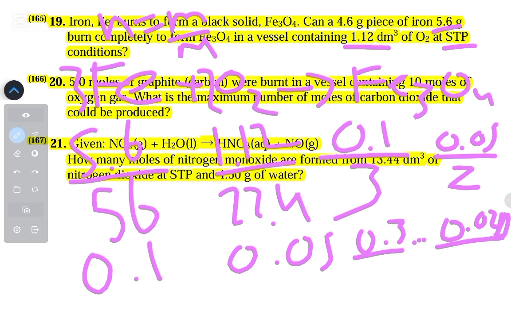Oxygen in this case is the limiting one. So iron is excess, and the other one, which is oxygen, is limiting. So can it burn completely?